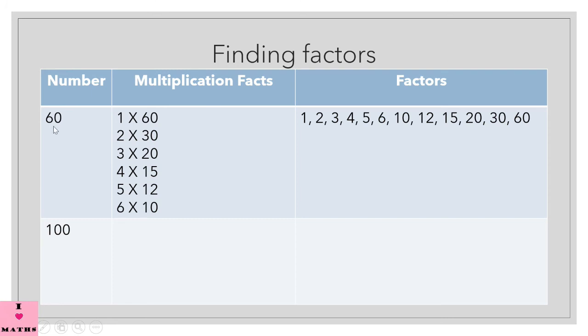So 60 does not come in the table of 9. So children, 60 comes in the table of 1, 2, 3, 4, 5, 6, 10, 12, 15, 20, 30 and 60. So children, these are the factors of 60.